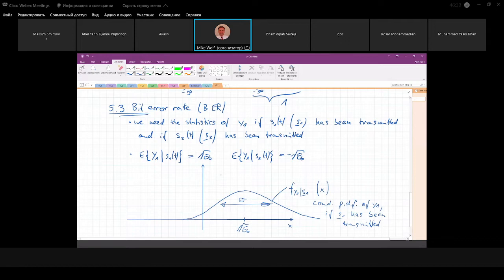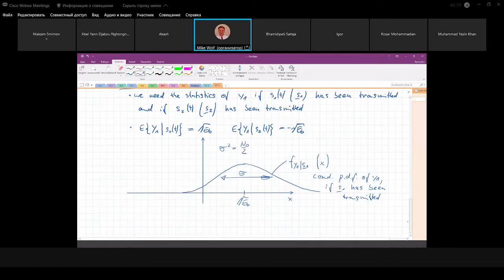The square of the standard deviation is just the variance. In our case, since we have square root of Eb and not a voltage, the noise power is in volt squared in practice, but here we have square root of Eb, and therefore this is still a power spectral density. So everything is fine.